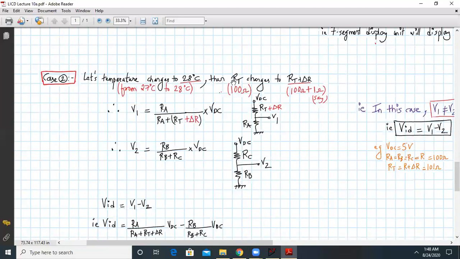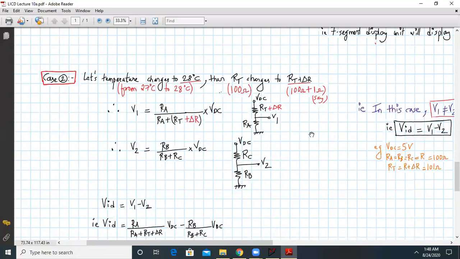It's just an example. Let us say the resistance of this PT100 is changing from RT to RT plus delta R. So this 100 becomes 101.